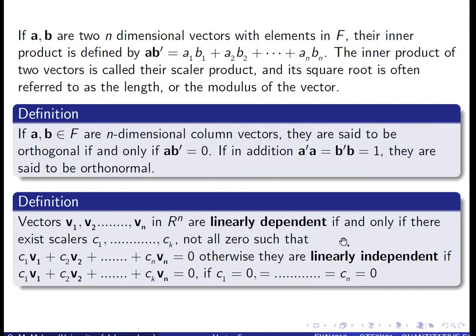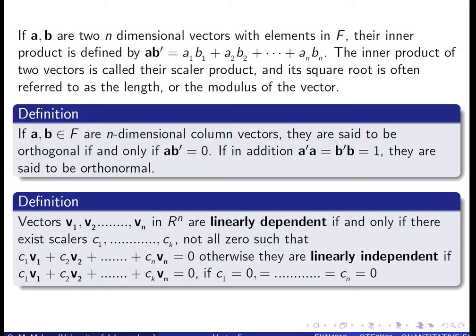If a, b are two n-dimensional vectors with elements in F, the inner product is defined by ab'. Some textbooks will use ab to the power of t. I use ab'. So the inner product is a_1 b_1 plus a_2 b_2 all the way to a_n b_n.